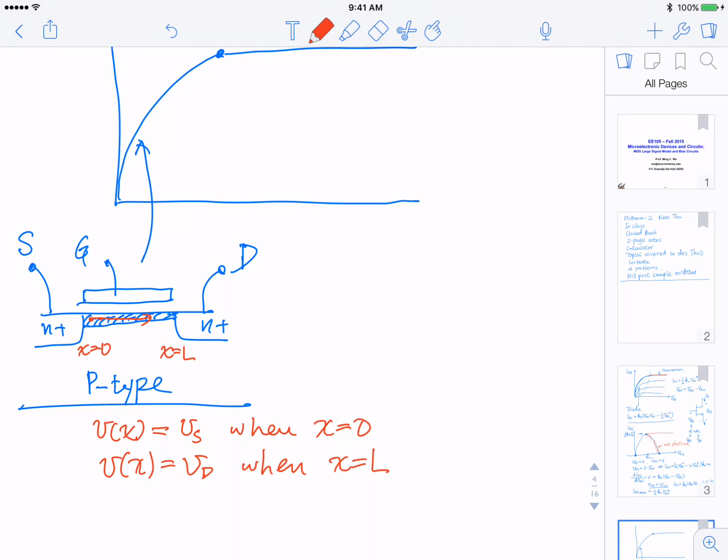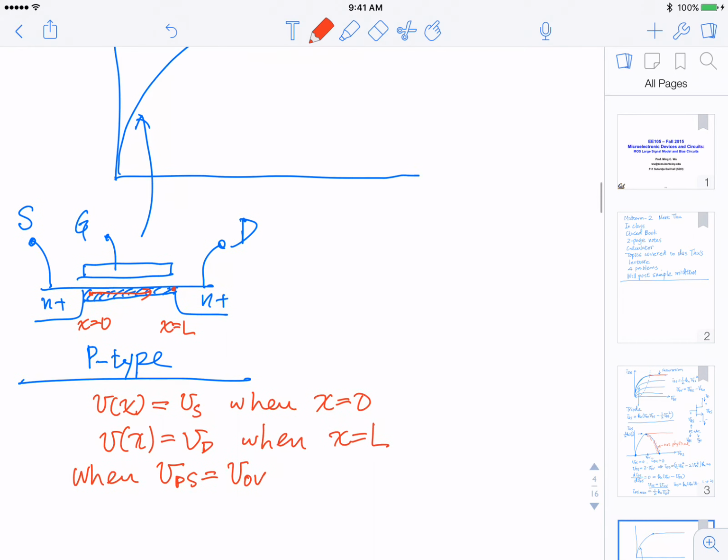Now, at the pinch-off point, when VDS is equal to V overdrive, okay, that's the pinch-off point.